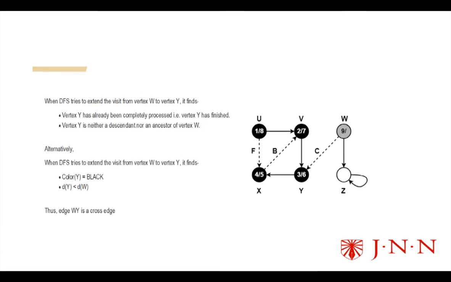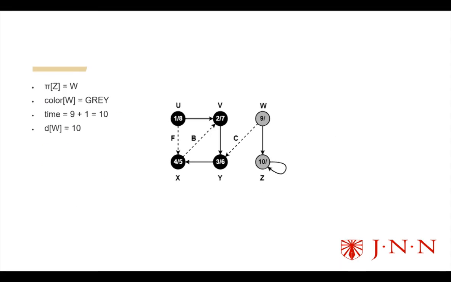So in this place too, we have introduced a new edge. It is denoted by c, and it is a cross edge. Now vertex w extends its edge into a new node.